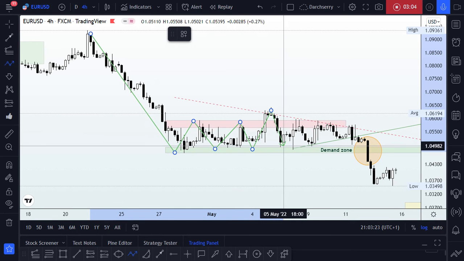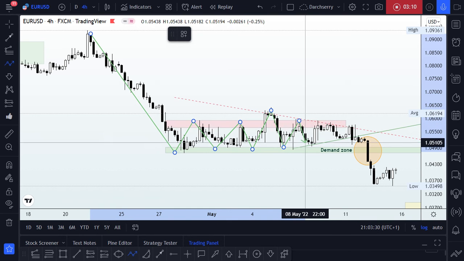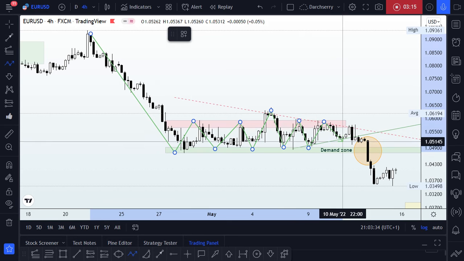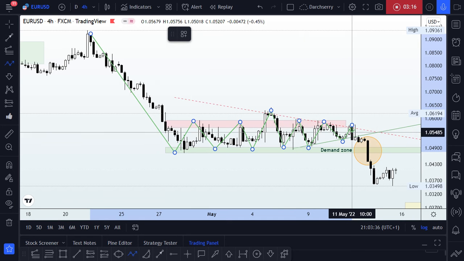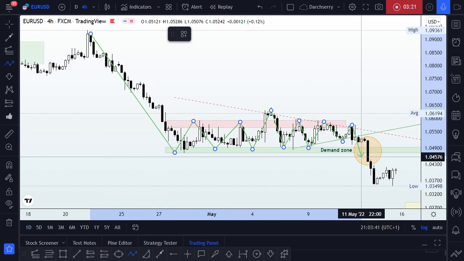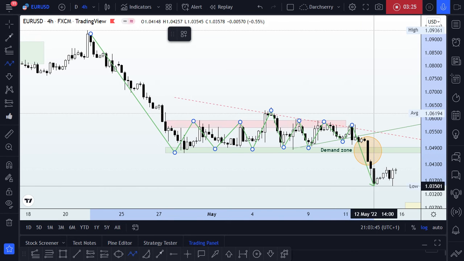We can see where price has been juxtaposing between 1.06 and 1.049 since the beginning of the month. And this move led to a scenario where we saw a breakdown of that consolidation phase to the downside.